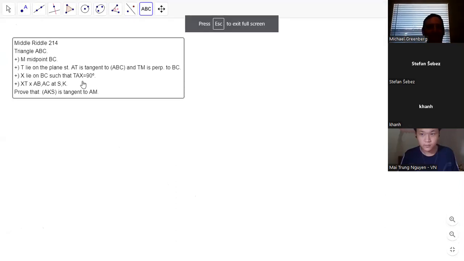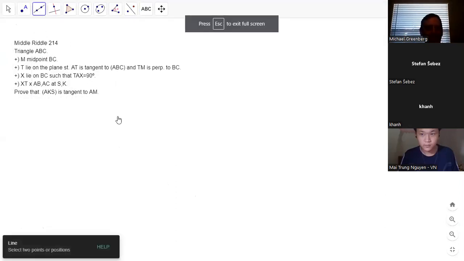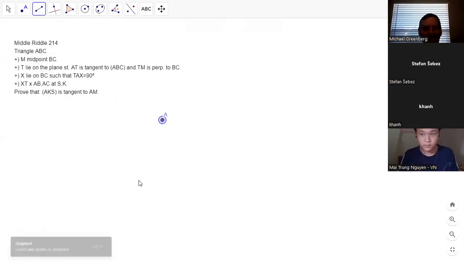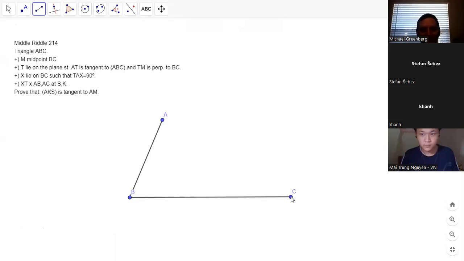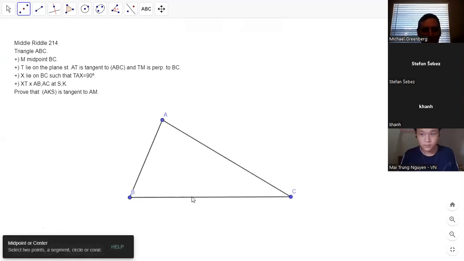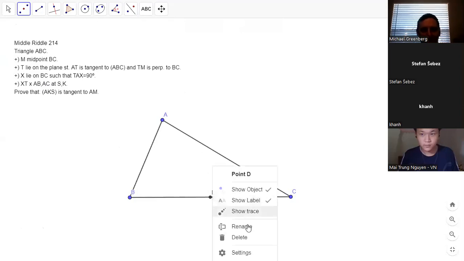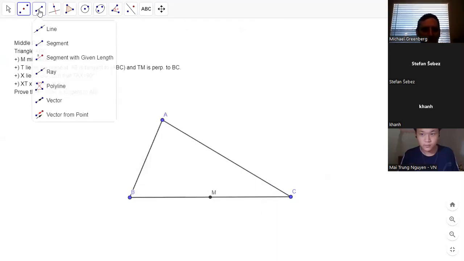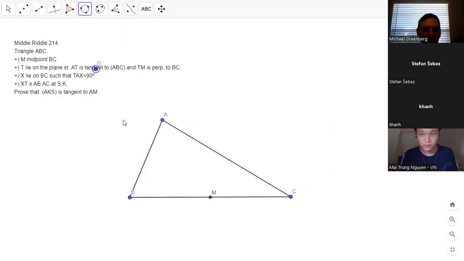So we have the midpoint of BC. All right, I'll try to draw this as fast as I can. Midpoint of BC. Let's see how fast I can draw this. AT is tangent to the circumcircle of ABC. Oops. The faster I try to draw it, the more mistakes I make.